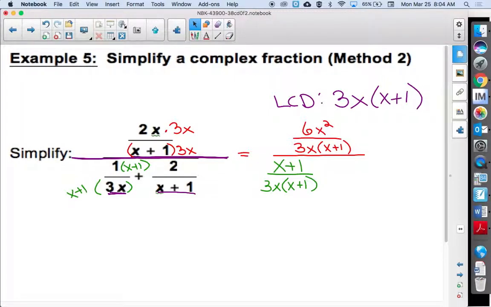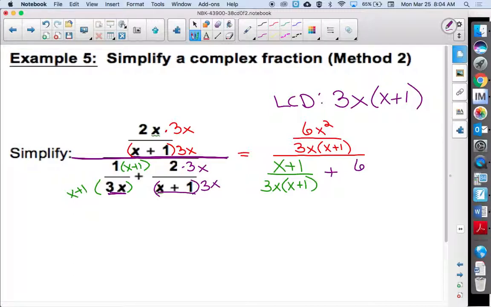All right, there's a third fraction, and Melanie, that third fraction has an x plus 1, so it needs a 3x. And that numerator is 2 times 3x, so that's 6x. And then on the bottom, 3x times x plus 1.